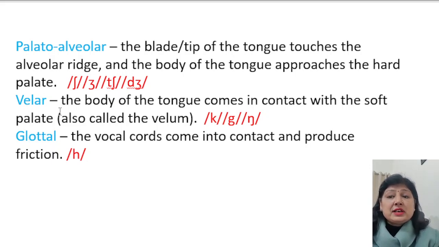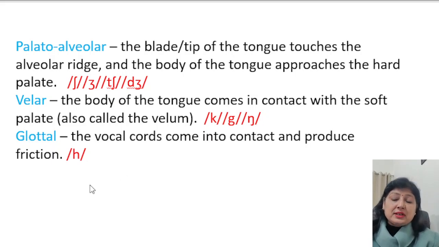In velar sounds, the body of the tongue comes in contact with the soft palate, also known as velum. Soft palate is the back part of the hard palate. It's the middle part of our hard palate. The sounds like k, g, eng, are known as velar sounds.